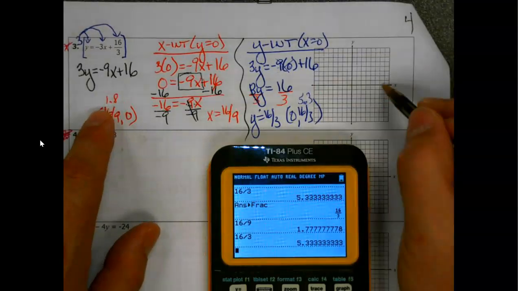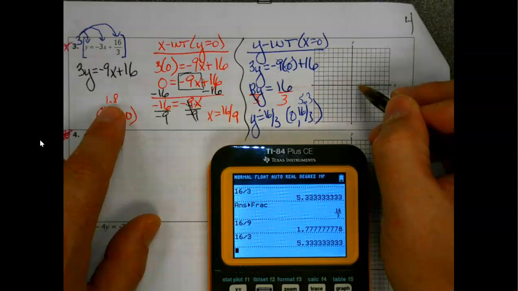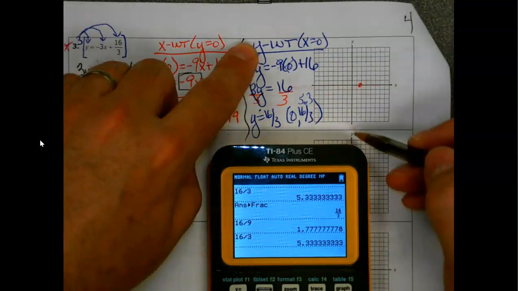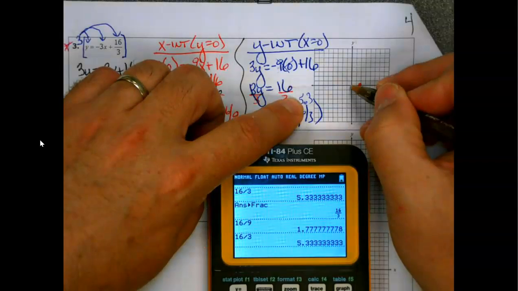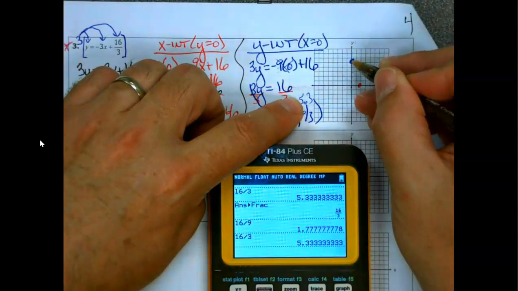So on the x-axis, I'm going to go almost to 2, a little less than 2, and put my dot. On the y-axis, I'm going to go up to a little after 5. 1, 2, 3, 4, 5, and a little more.